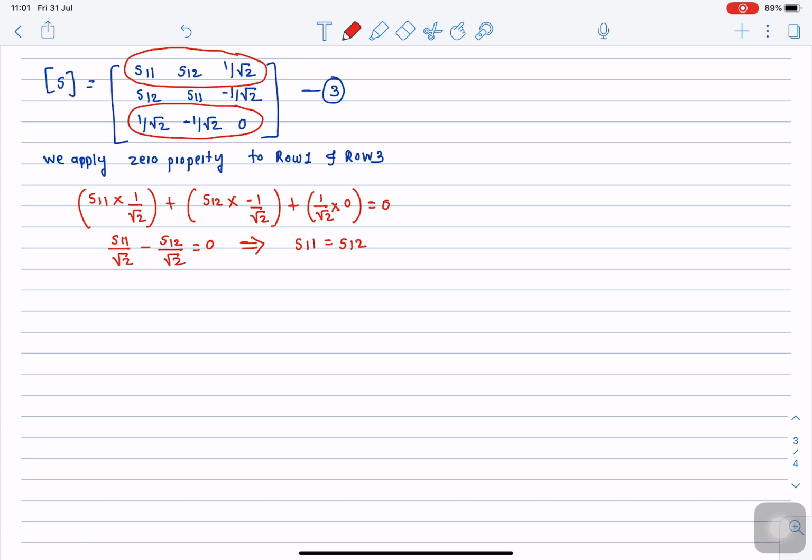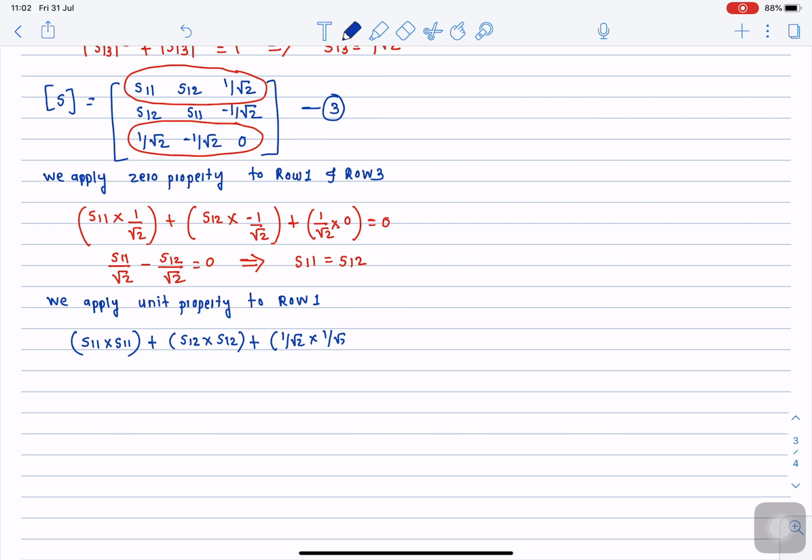So for row 1, the first element is S11, take the multiplication with itself and take such a summation of all the terms in row number 1, S12 into S12, right, plus the third term 1 by root 2 multiplied by 1 by root 2 is equal to 1.